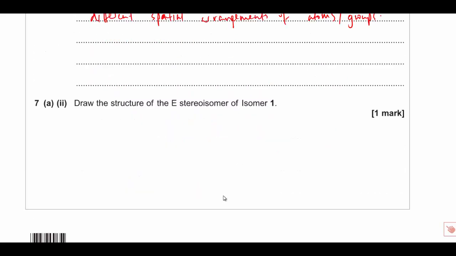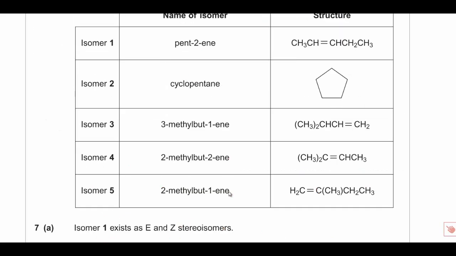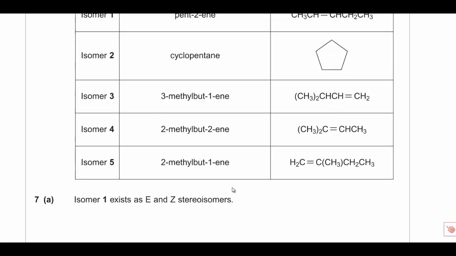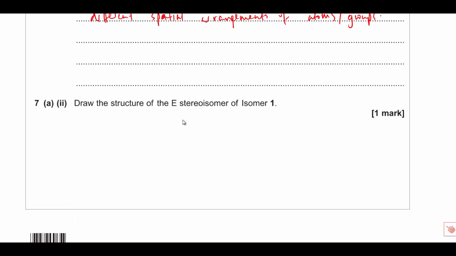Draw the structure of the E stereoisomer of isomer 1. So it's pentene we're dealing with. I'd go straight away, get the bonds in. Pentene, so I know it's going to be 1, 2, 3, 4, 5, like that. And so E isomer, so I'm looking for hydrogens across like that, and obviously my other groups.